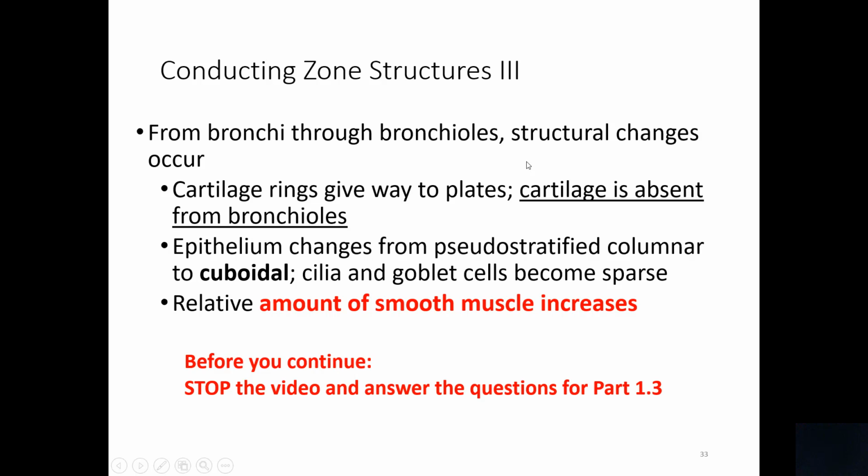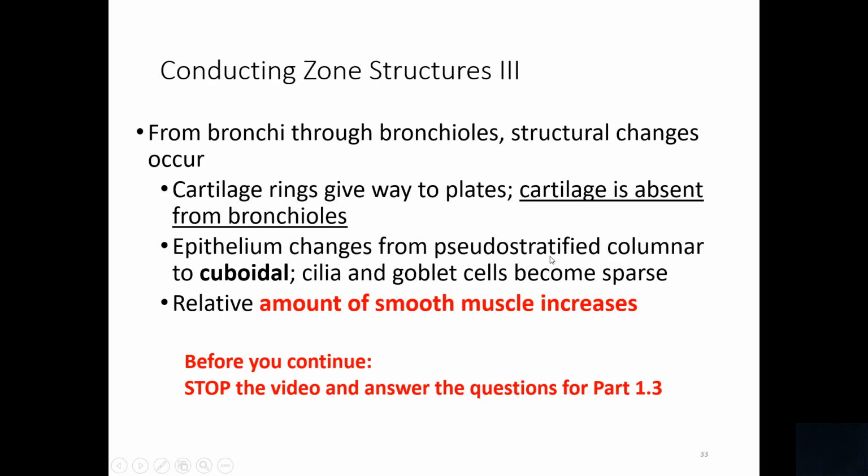From bronchi through bronchioles, structural changes happen. In large bronchi and mid-sized bronchi, we have cartilage rings in their walls, and then we have plates in small bronchi. And those cartilage rings and plates prevent them from closing, so they stay open always. In bronchioles, there is no cartilage.